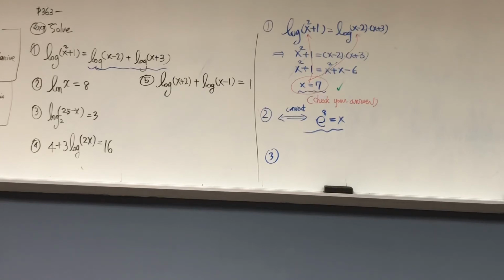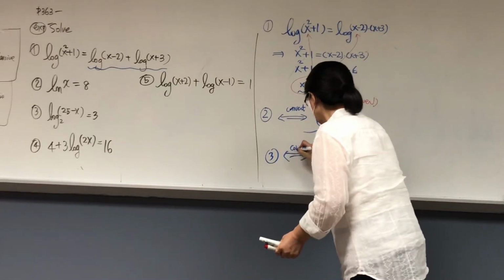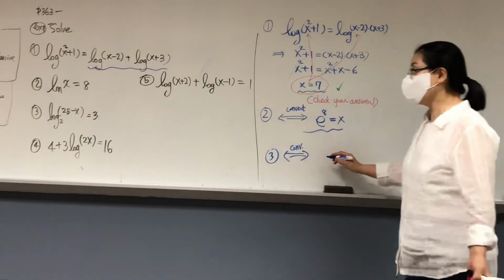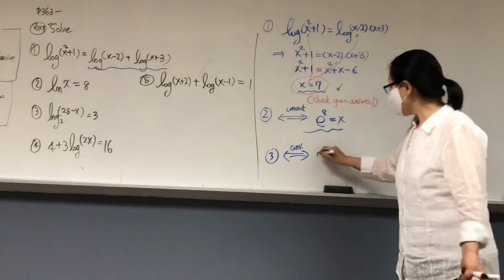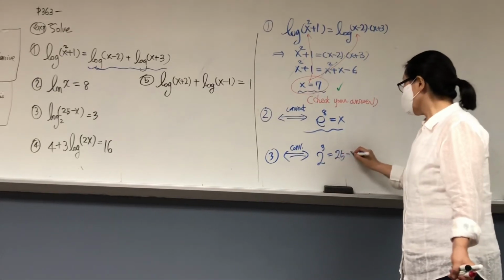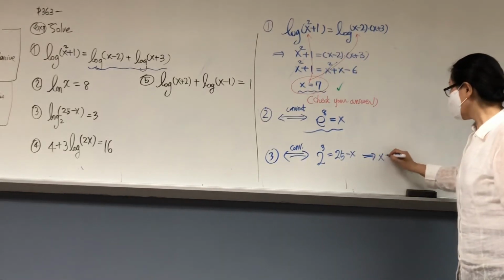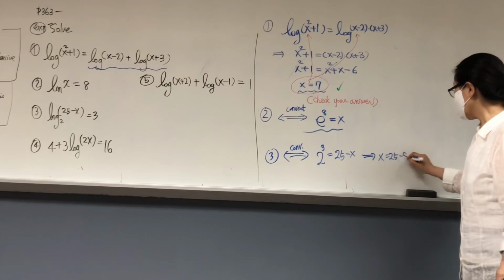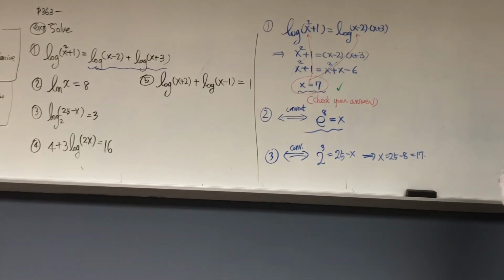No? What would we convert to? Yeah, isn't it? Convert again. What is the equivalent exponential form? 2 to the power of 3 equals 25 minus x. Very good. So x equals 25 minus 8. So what is it? 17.